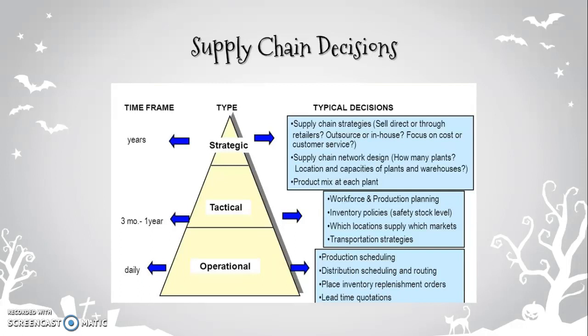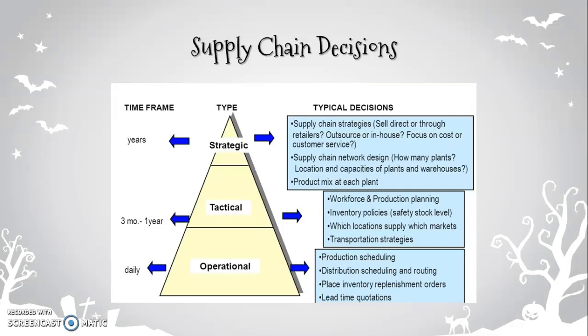Then we have the tactical ones, which cover from 3 months to a year, and they lead the operational type. It will be like work sourcing, production planning, inventory policies, safety stock levels, which location supplies which markets, transportation strategies, among others.